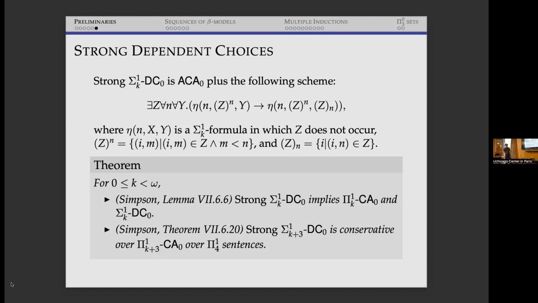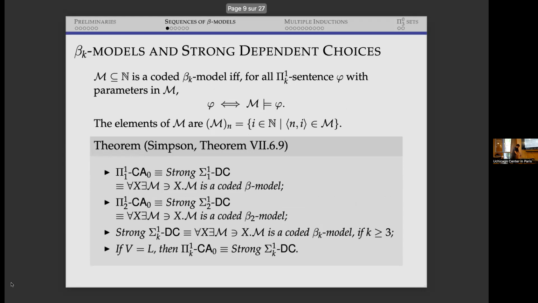The more useful for us will be this. We want to think of coded beta_k models, and mostly coded beta_2 models for our results.